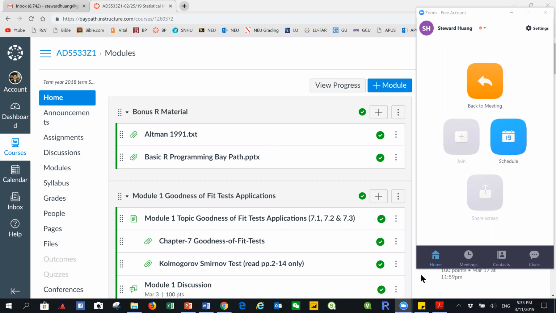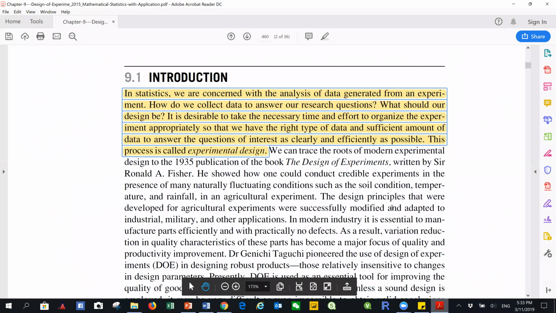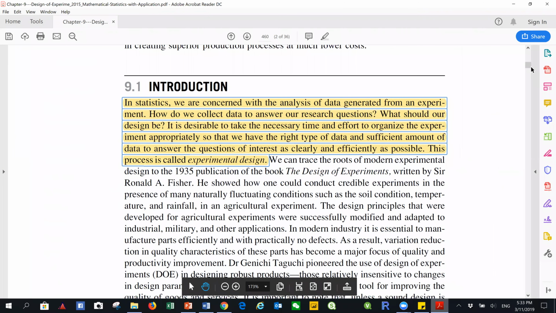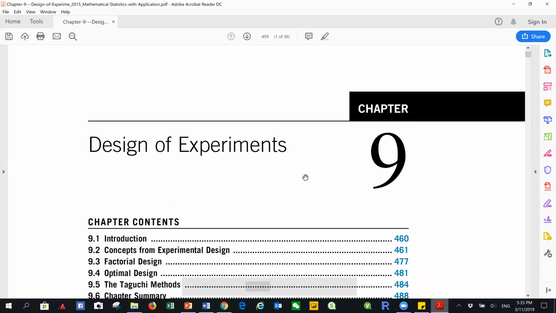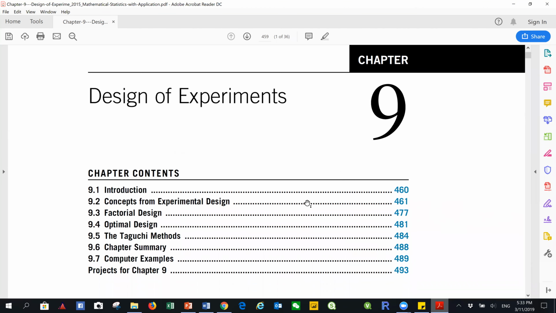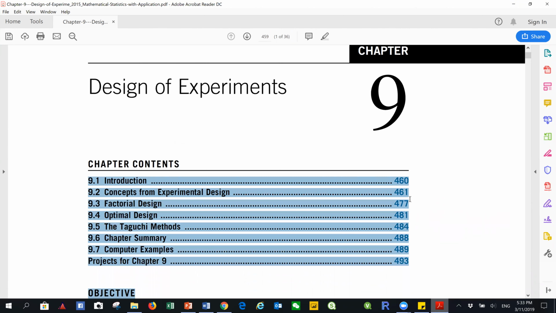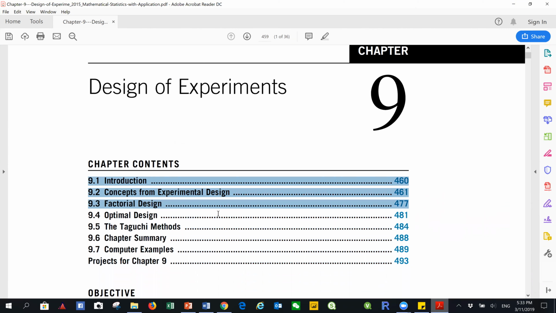Let me open the file. Okay, we are going to cover design of experiments today. We will only cover the first three sections because this is a more advanced topic, and so this week we shall have a project.